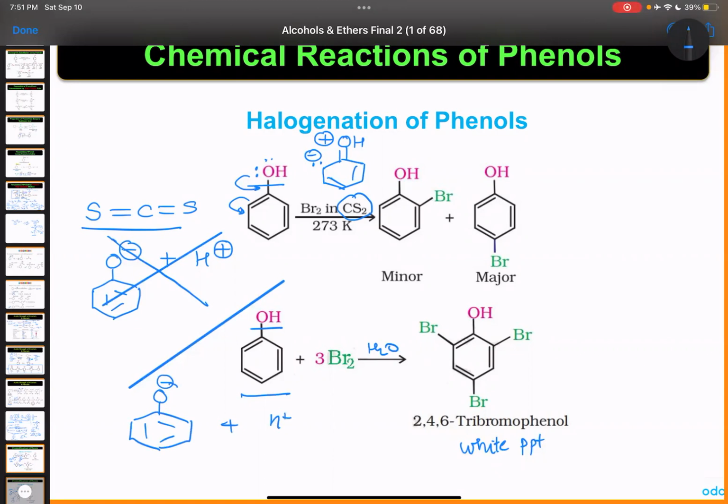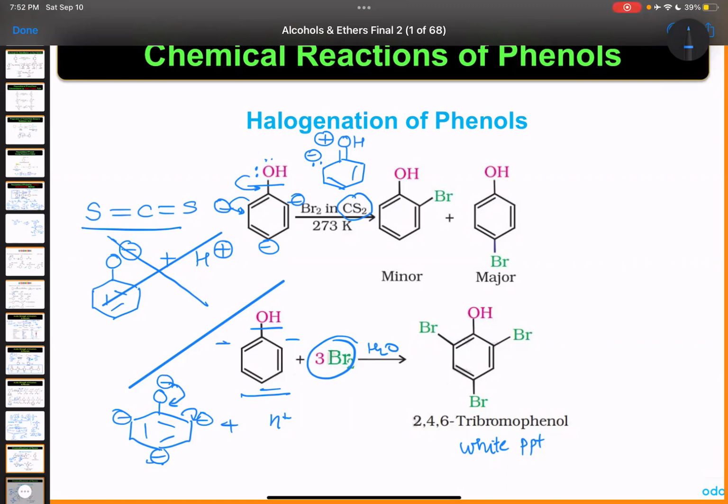It will undergo resonance with the benzene. Benzene will have negative charges, though negative charges are there also in phenol, but very high negative charges will be there on the phenoxide ion. As a result, all the three positions get reacted at a time simultaneously. Okay? So the reaction takes place at all the three positions in water. Is it clear?